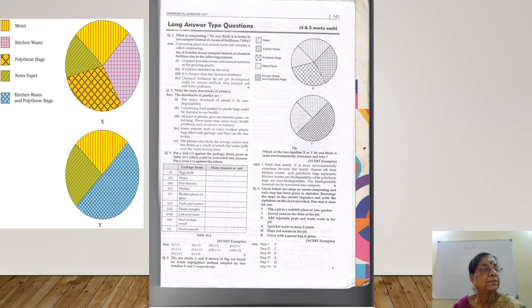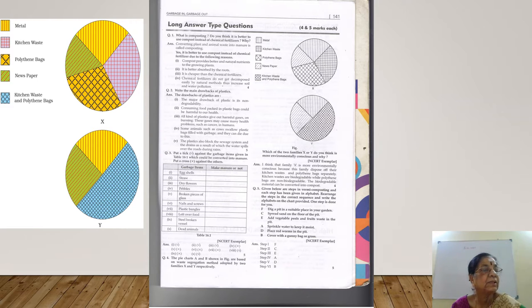Consuming food packed in plastic bags could be harmful to our health. If hotels put very hot food in plastic, the chemicals from the plastic may go along with the food, which may harm health. Right? All kinds of plastics give out harmful gases on burning.